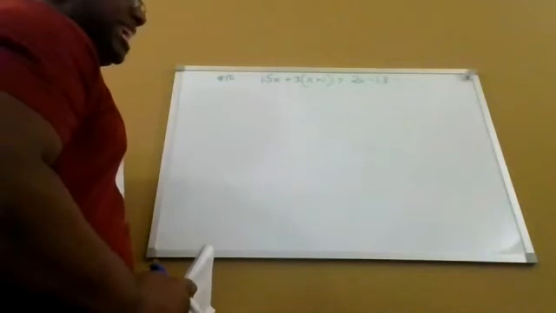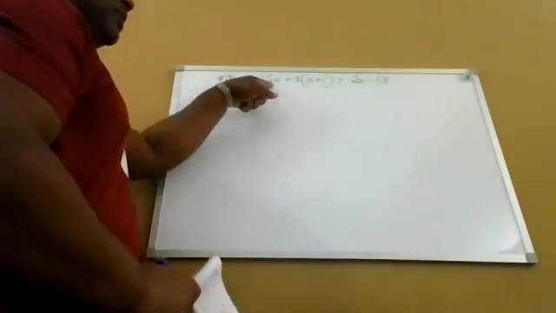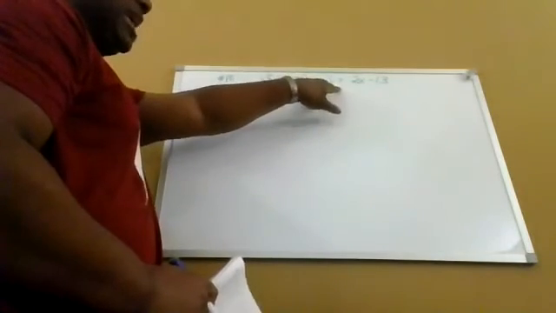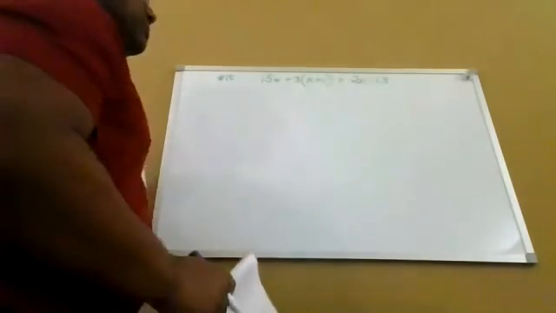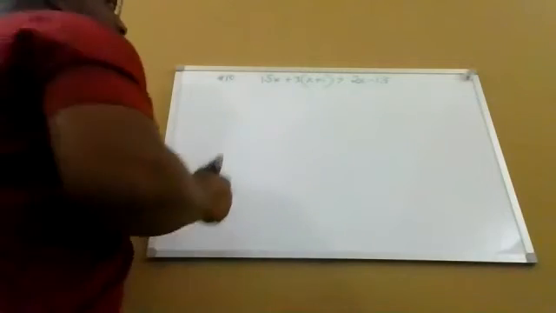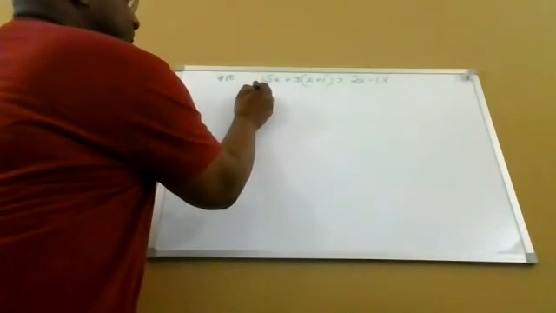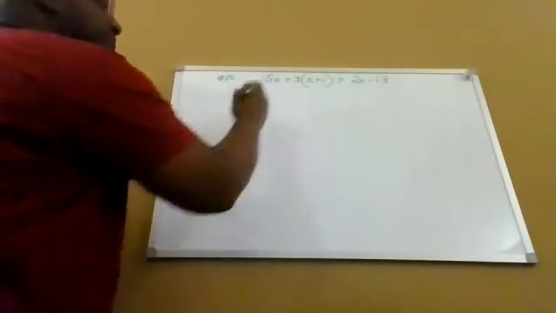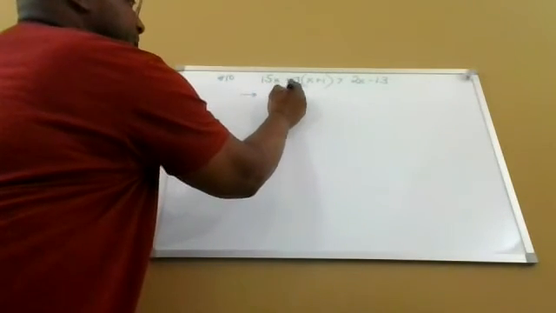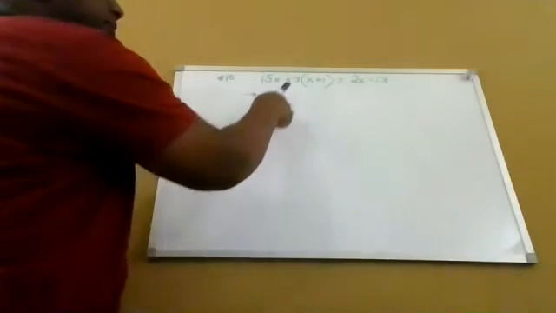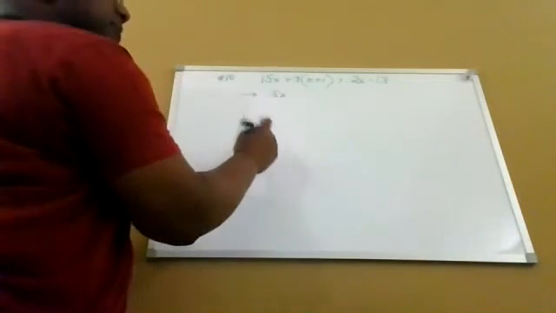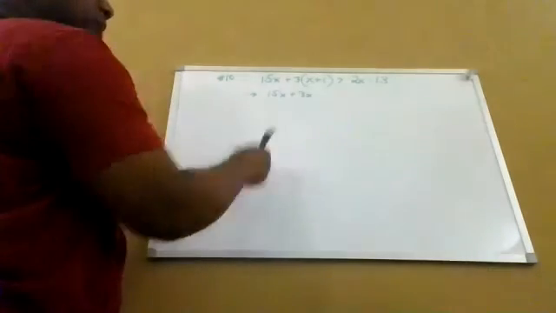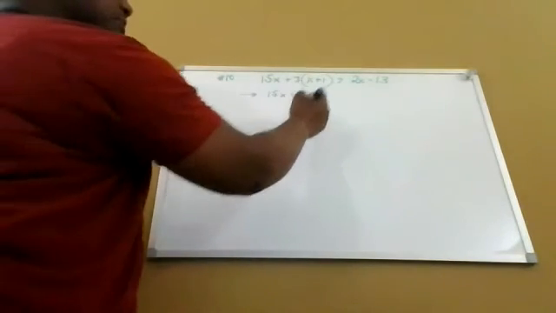So we begin with the inequality 15x plus 3 times x plus 1 is greater than 2x minus 13. I bring down my negative. I bring down my 15x, and I'll multiply 3 times x to give me 3x, and then 3 times 1 to give me 3.